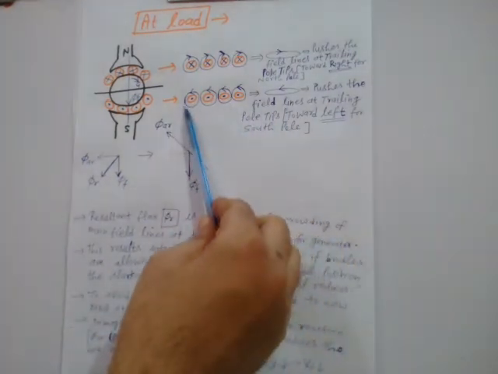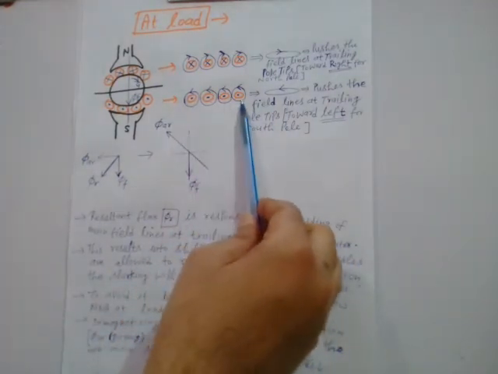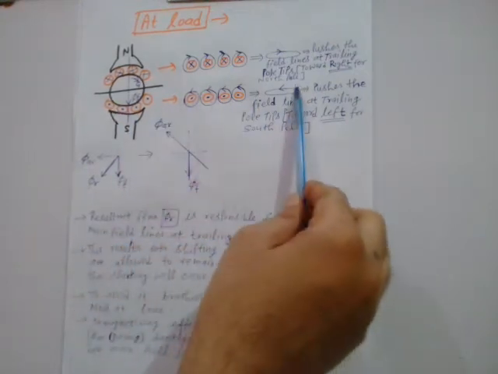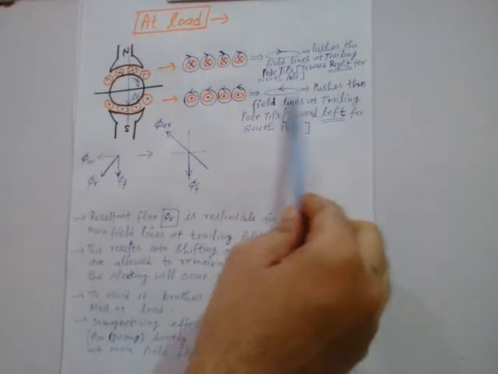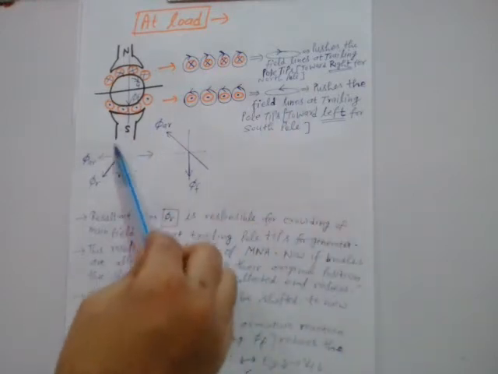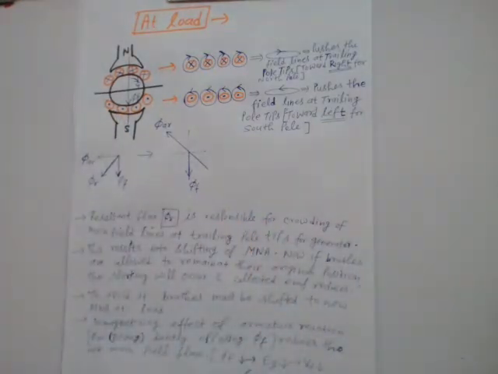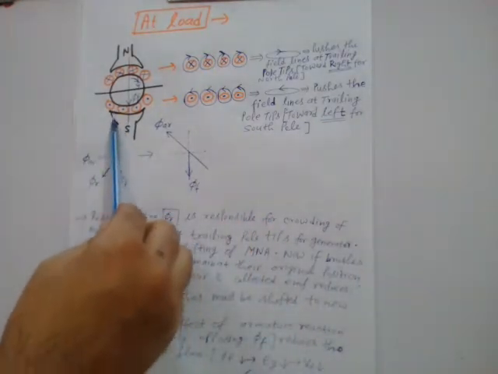And when you see the condition of field lines due to these dots, it will be pushing the field lines towards the left end of the south pole, which is a trailing pole tip, right.